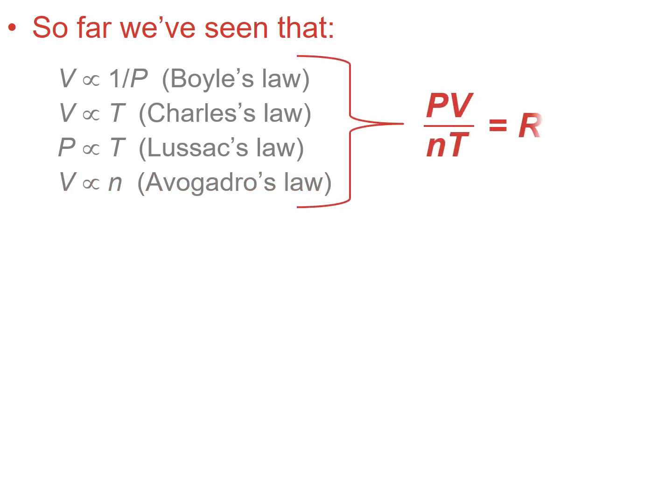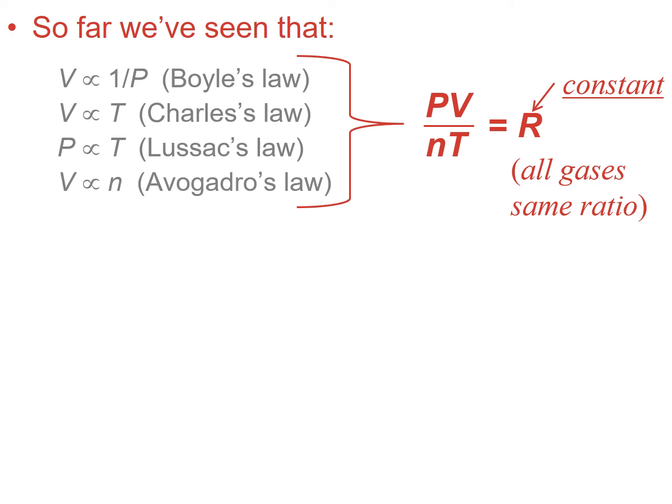Now, what does this all lead to? It leads to this giant formula we see here. Right here we see PV over NT equals some number we're going to call R, which we're going to call a constant.